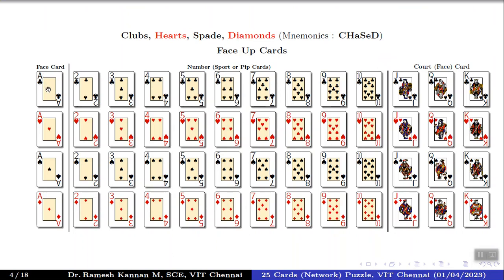The ace, jack, queen, and king are called court cards or face cards, and the rest of the cards are called spot cards or number cards, numbered from 2 to 10. To remember the suits of playing cards, you can use the mnemonic CHaSeD: capital C for clubs, capital H for hearts, capital S for spades, and D for diamonds. So you can remember this mnemonic.